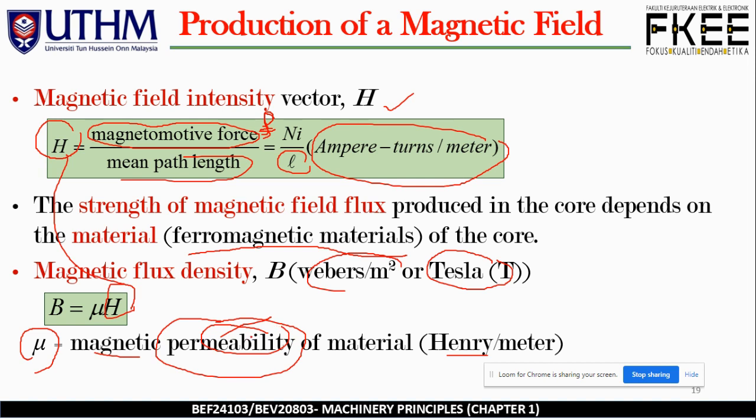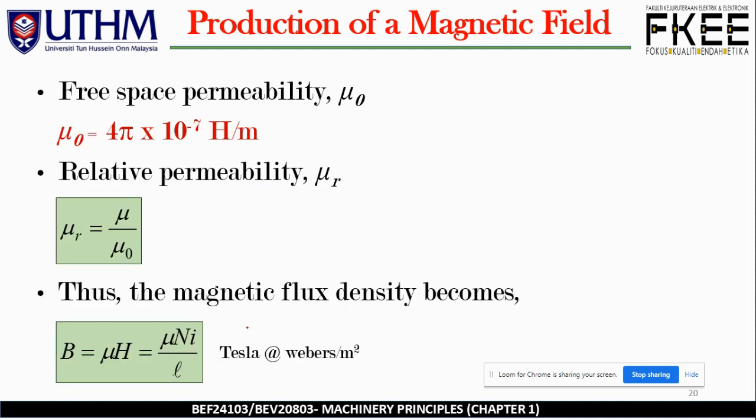And of course, this is a constant. For free space permeability, we have the special one, mu naught, a constant: 4 pi times 10 to the power of minus 7 Henry per meter.